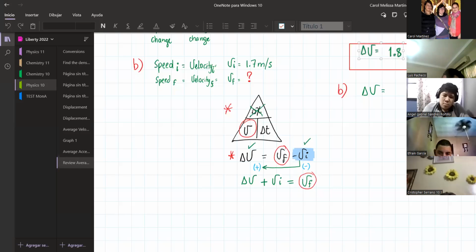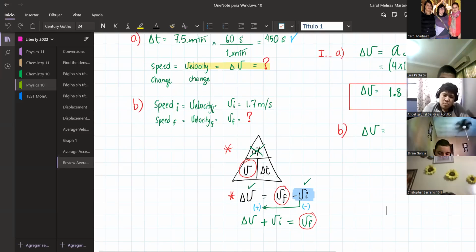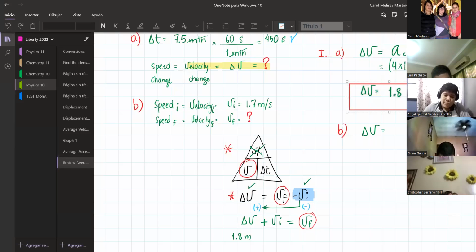So delta V, I got it from the part before, 1.8 meters per second, plus initial velocity, which is given in part B of the problem, that is 1.7 meters per second. The addition of the two is going to give me the final velocity.